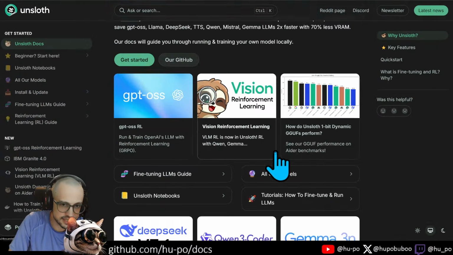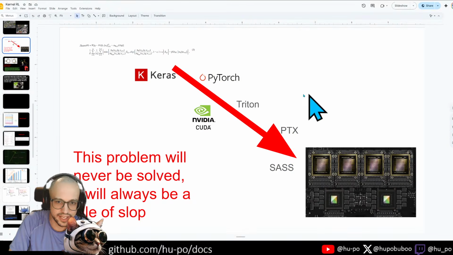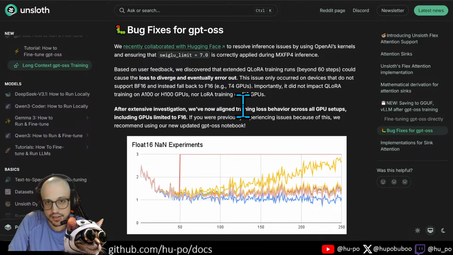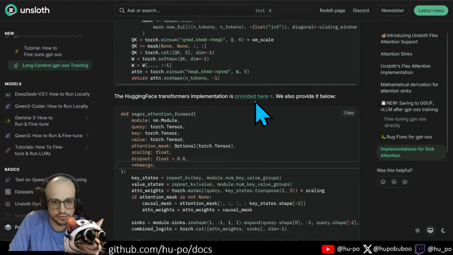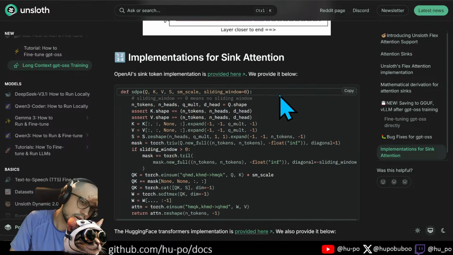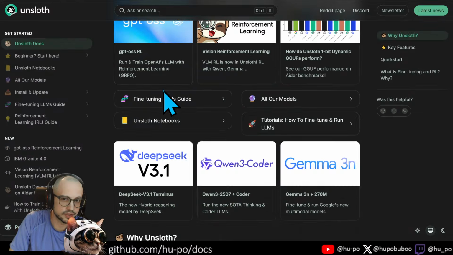And what Unsloth did is basically that. They said, okay, we're going to implement this low-level kernel for this attention sink. And that's why they have the best RL implementation for RL fine-tuning of OpenAI's open source model, which uses attention sinks, and that's why we're using them.